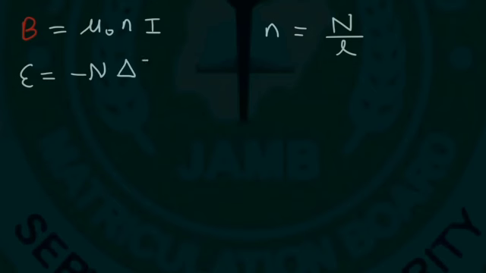So that's where you can get this equation from. Lowercase n represents the number of turns per meter. So it's capital N, which is the number of turns, divided by the length of the solenoid. Now the induced EMF is equal to negative N, the number of turns, times the change in the magnetic flux, divided by the change in time.